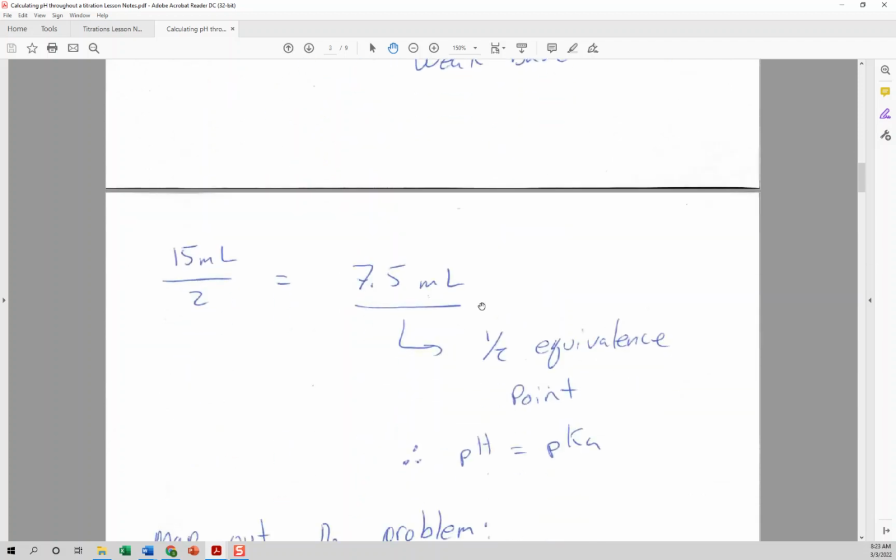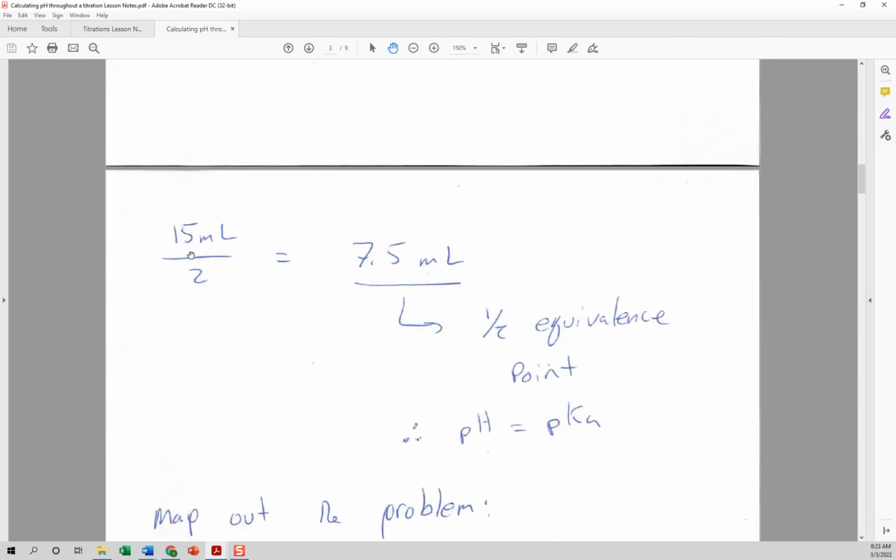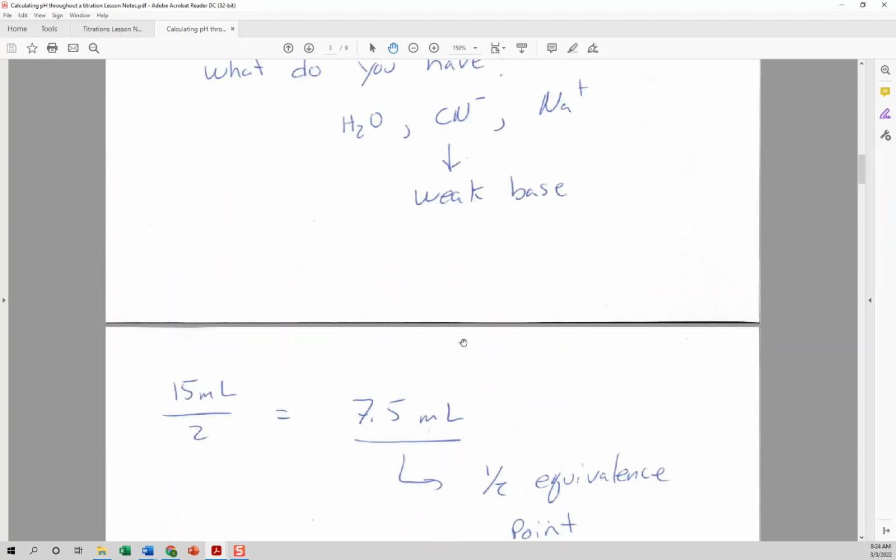The next thing I'm gonna do is halve the volume of sodium hydroxide at the equivalence point, because that's going to give me the half equivalence point. So 15 milliliters is our equivalence point, divided by 2, 7.5. So our half equivalence point is 7.5. And remember, in a titration, the half equivalence point is where pH equals pKa. So that's going to be the easiest one to calculate overall.